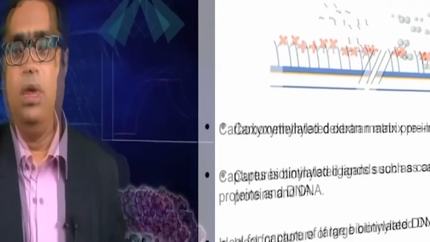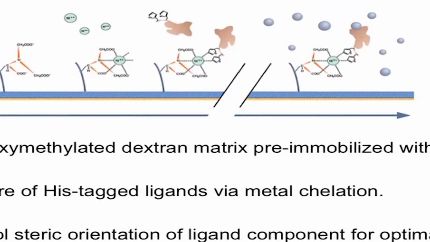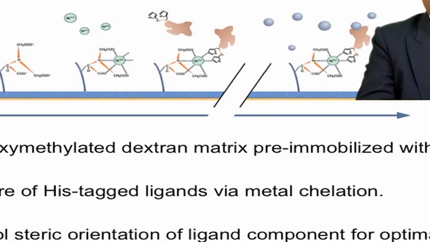Another chip surface is NTA, and this is a complex molecule that is pre-immobilized on the surface of the chip. This molecule has an affinity for hexahistidine tags that are present either at the C terminal or N terminal of a protein.